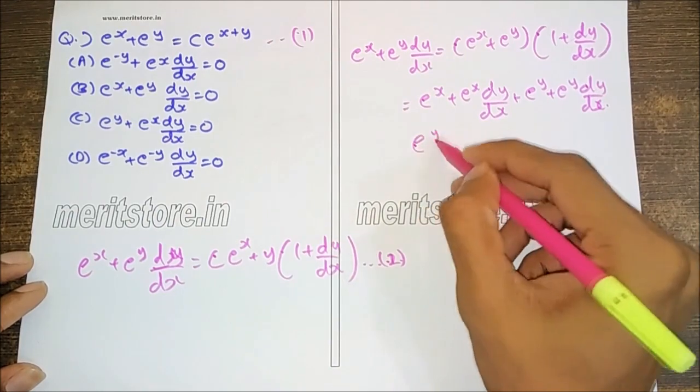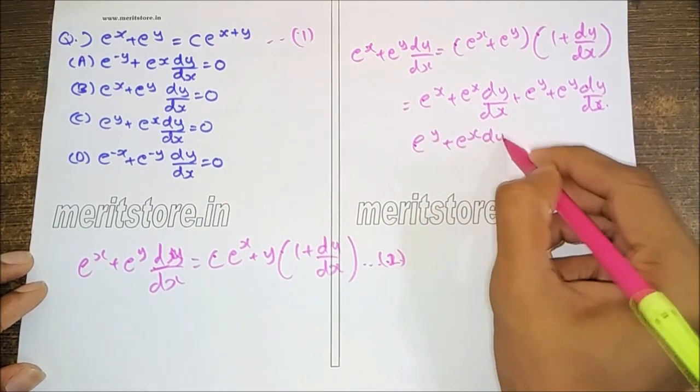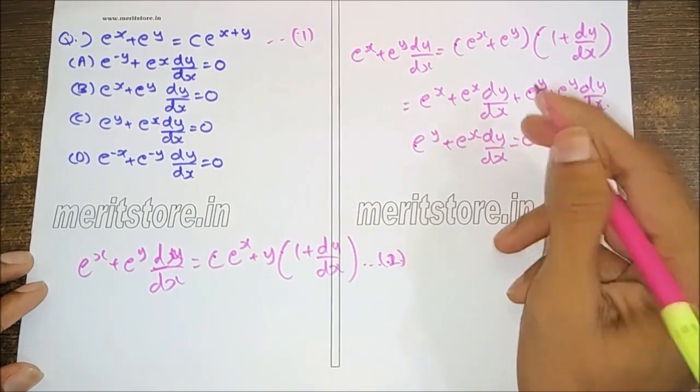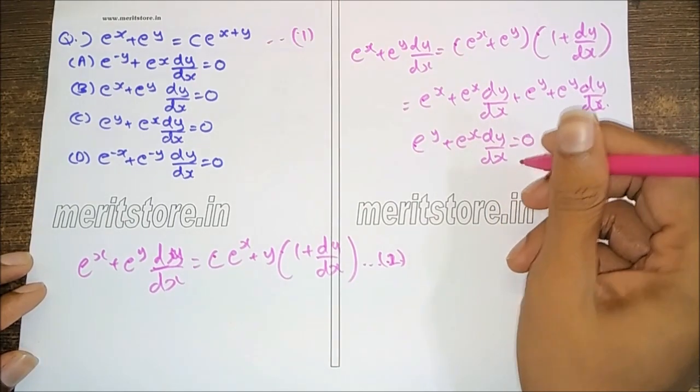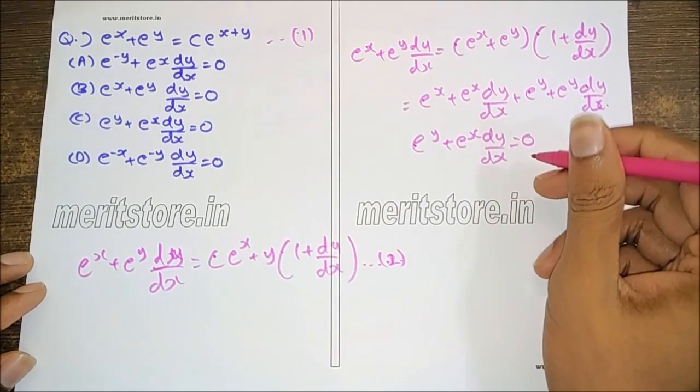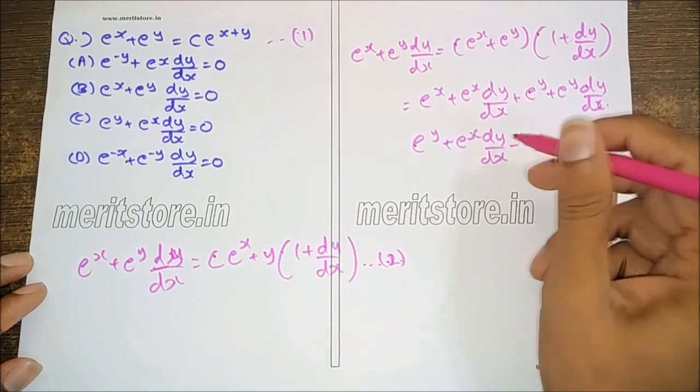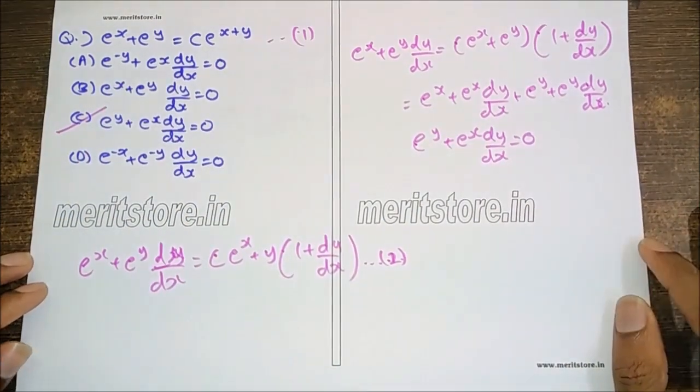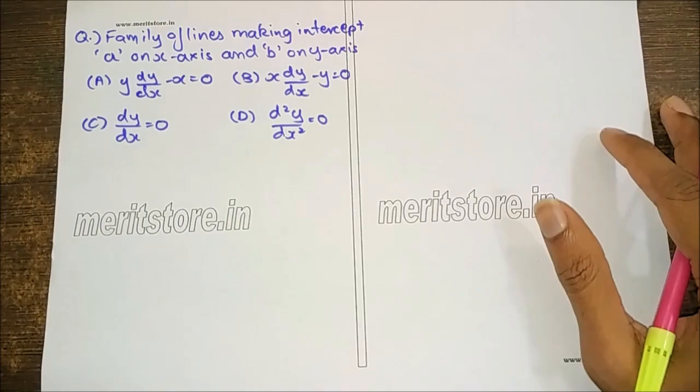Therefore, we get e raised to y plus e raised to x dy by dx equal to 0, which is, we see our answer matches with option C. Therefore, option C is the correct answer.